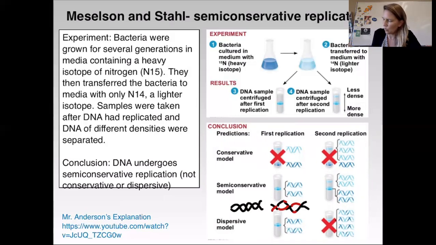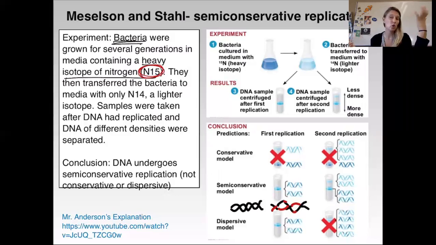So the experiment is that they grew up bacteria. All right, so they're using bacteria here. They grew them up for several generations in a media, or kind of the food for the bacteria, that contained a heavy isotope of nitrogen, N15. All right. So what they did is they grew it in nitrogen. Why would N15 matter?